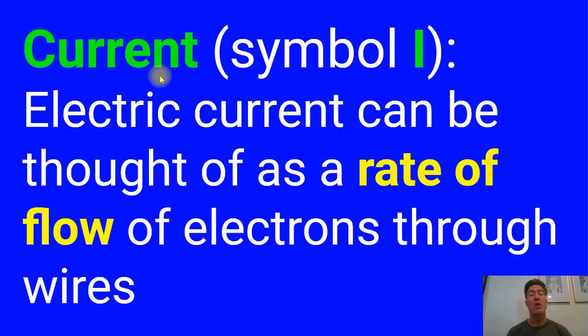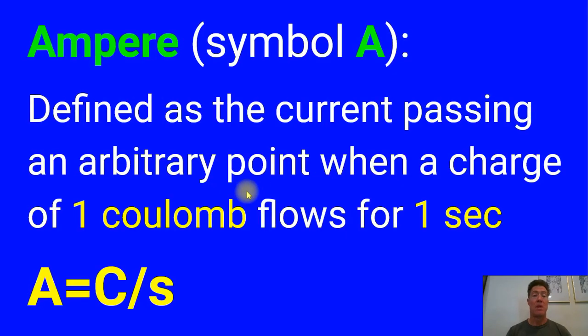Okay, so now we're talking about current. We symbolize that with an I. That can be thought of as the rate of flow of coulombs or electrons through wires. So we can talk about the amount of electrons we have, and then how fast they're passing any given point on a wire. We define the current passing through that point in amps.